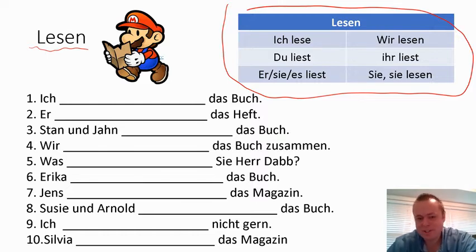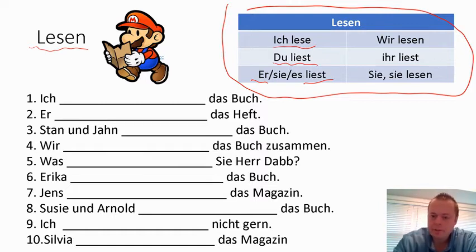Not so much in English, but if you want to say I read, you would say ich lese. If you want to say you read, you would say du liest. If you want to say he reads, liest, if that by the way is one person, then that one person gets that. So, for example, Herr Dab liest das Buch means Herr Dab reads the book.